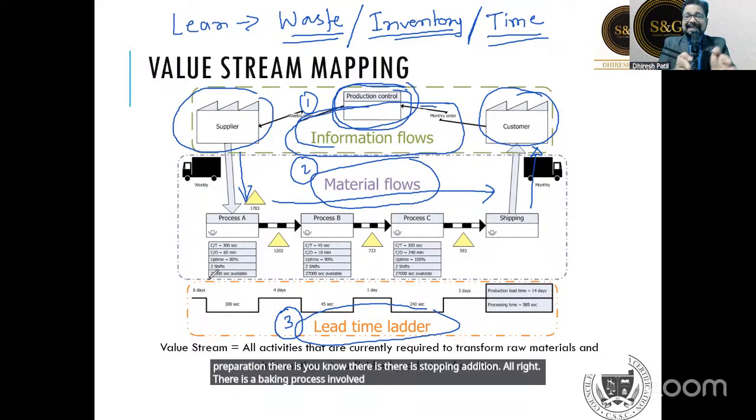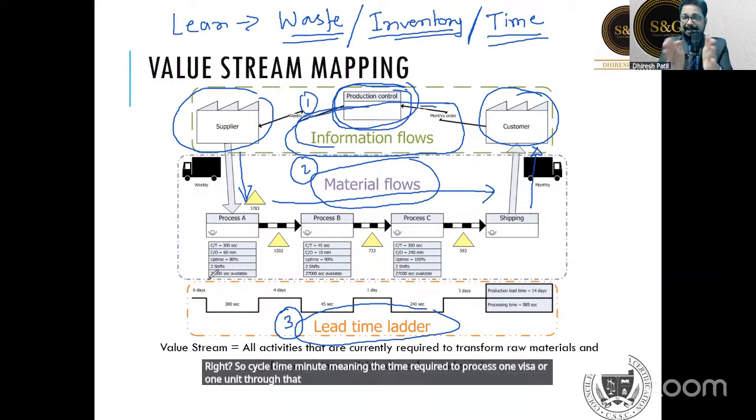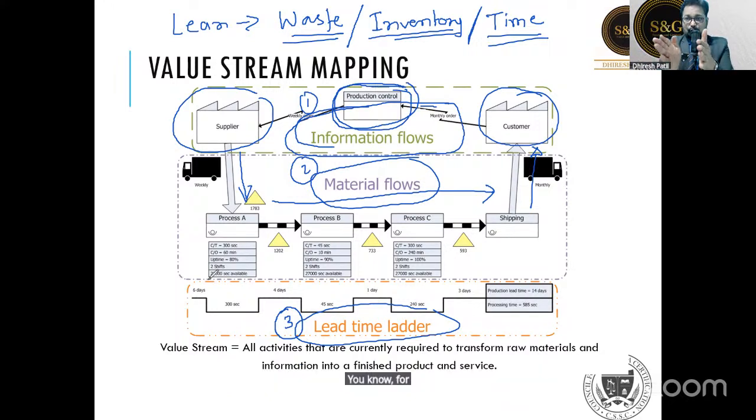Every step requires some time to process one unit, meaning one pizza. So cycle time means the time required to process one pizza or one unit through that process step. That is called the cycle time of that process. How much time it requires to bake that pizza will be the cycle time for that oven.